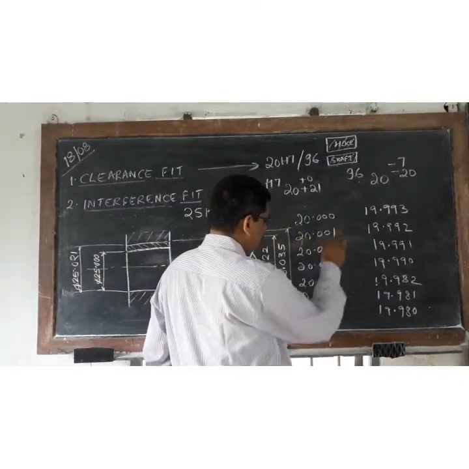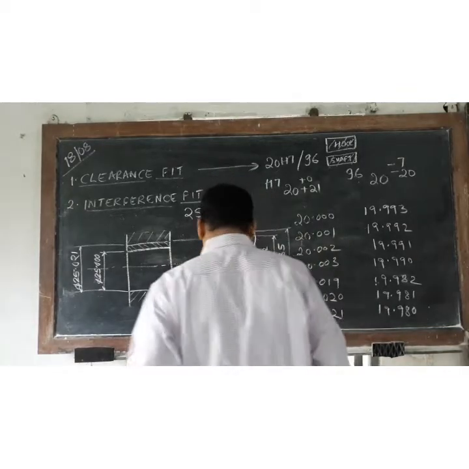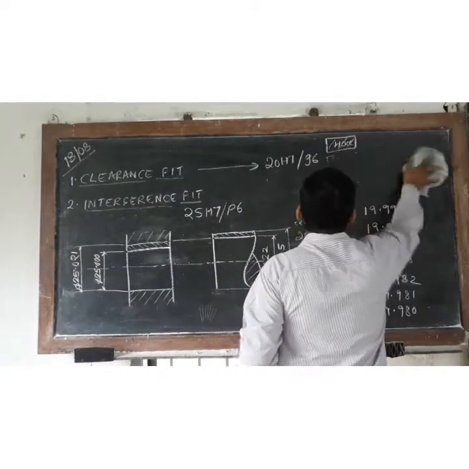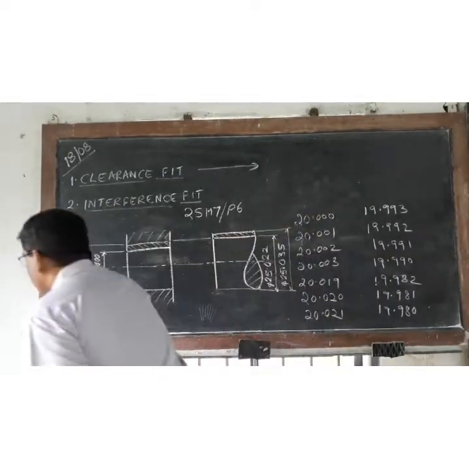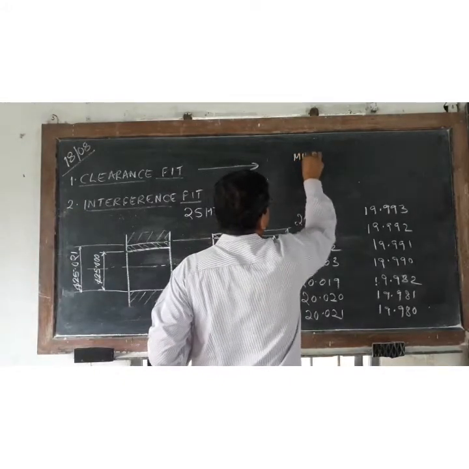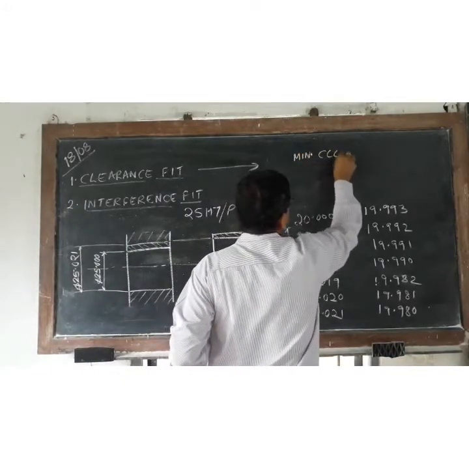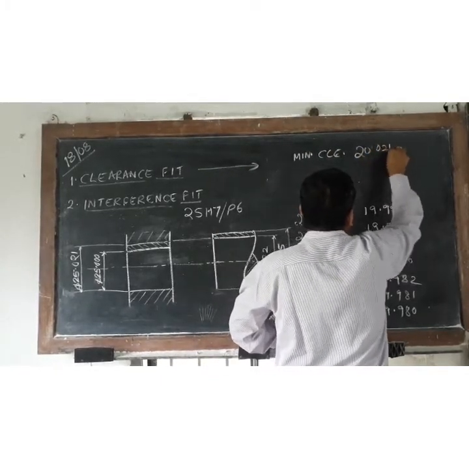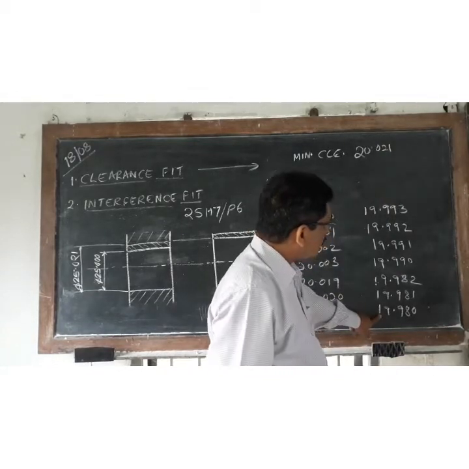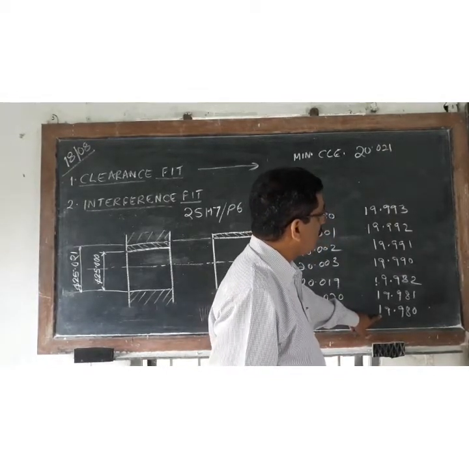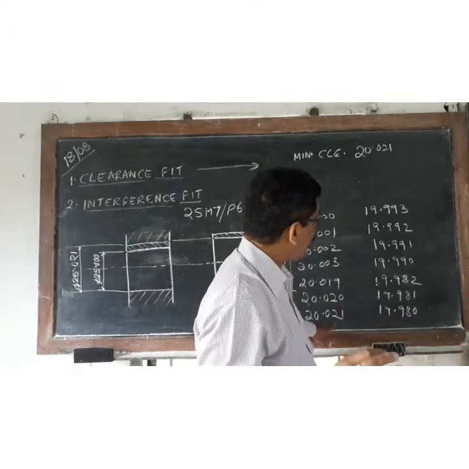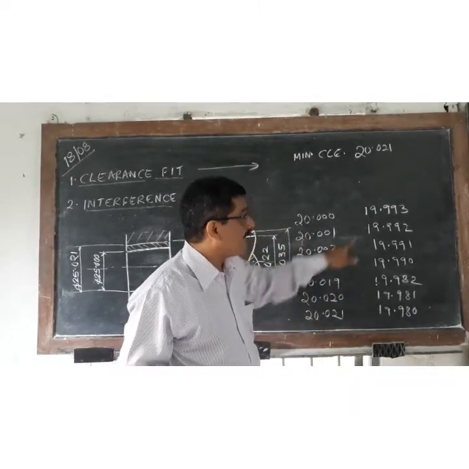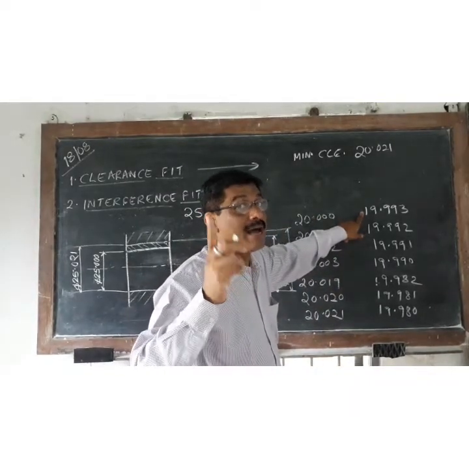This is what I am repeating from yesterday. The minimum clearance is obtained from the maximum of the hole, 20.021, and the minimum of shaft, no, the maximum of shaft.